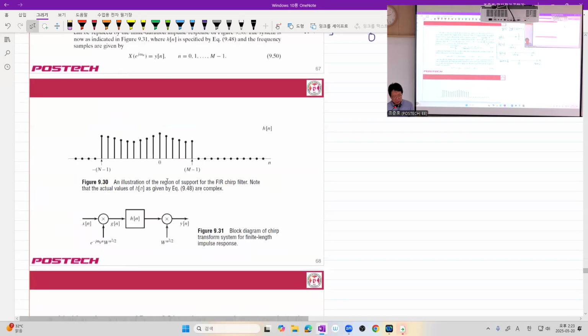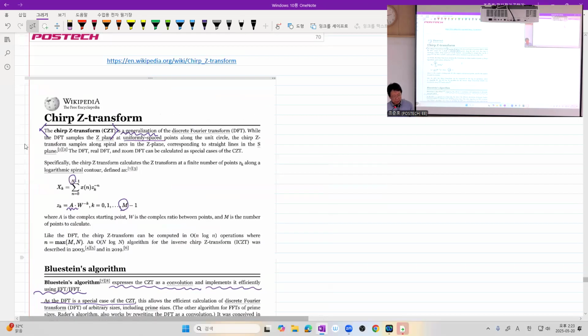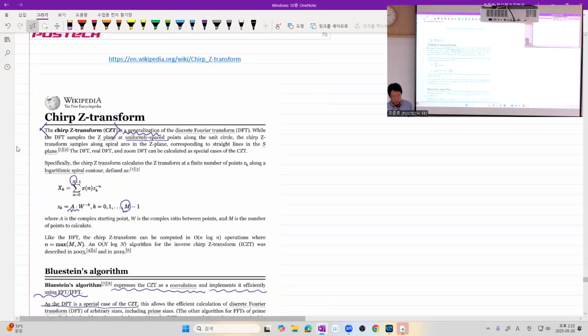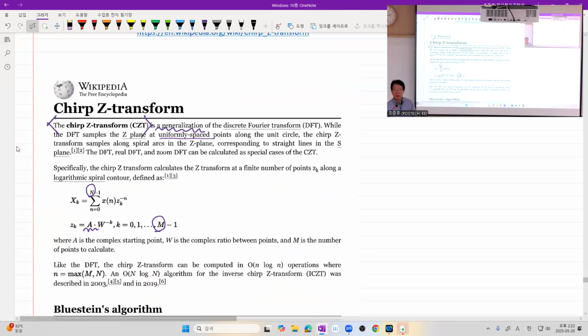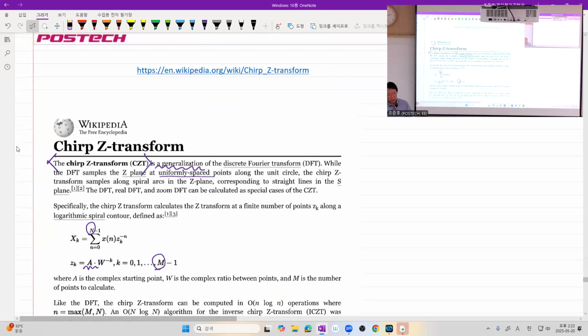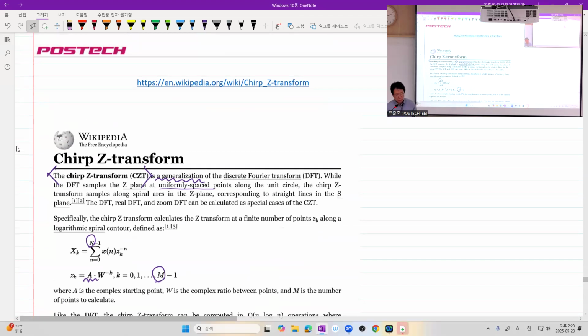So I've attached the Wikipedia page here. So let's take a look at this. I didn't add this in our PDF file, so you need to visit Wikipedia and find this page.